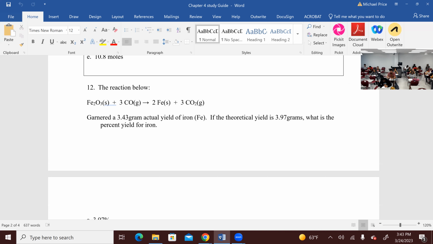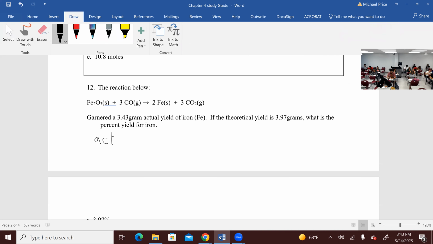Of course, you all know that for percent yield, you take actual yield divided by theoretical yield times 100%.